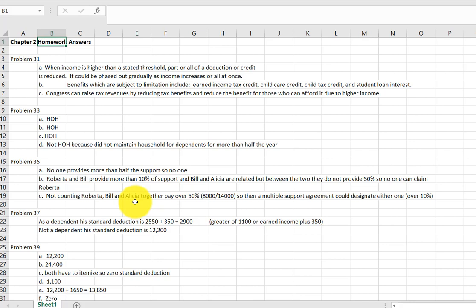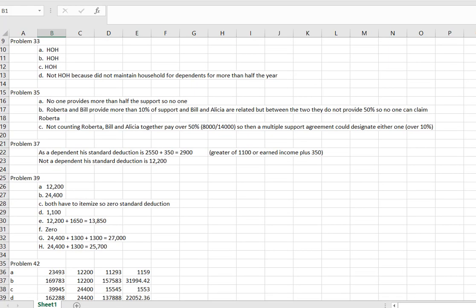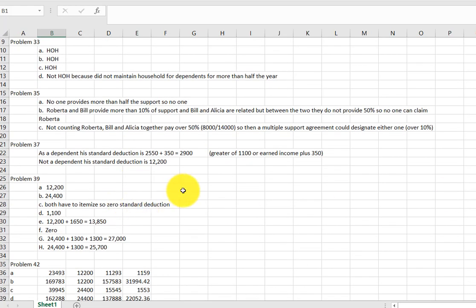So the multiple support agreement could designate either one, or, as some groups might do, switch back and forth. One year it's Alicia, one year it's Bill, depending on their agreement. Again, that would have to be in writing. That multiple support agreement has to be filed. It is not automatic.